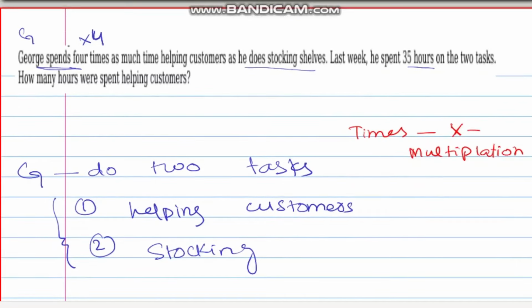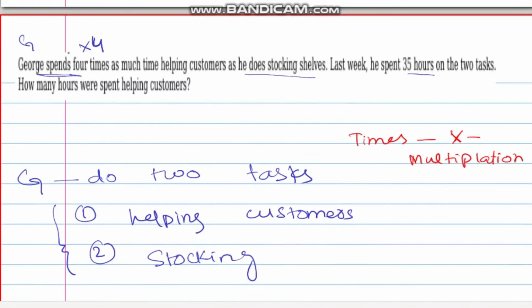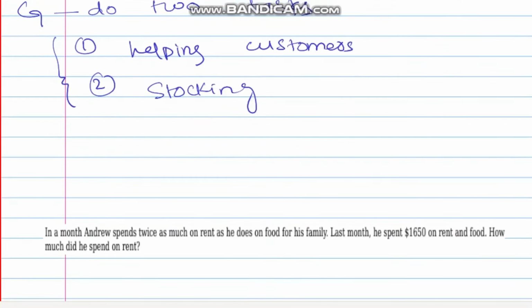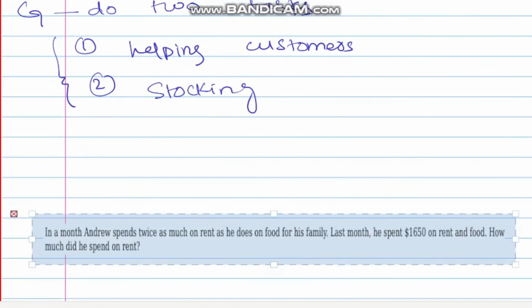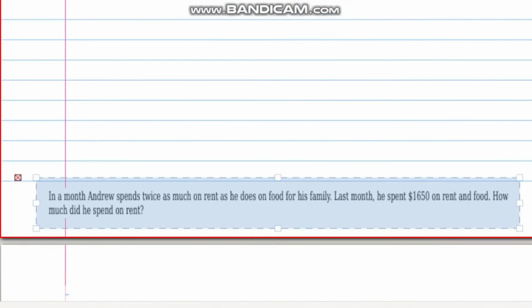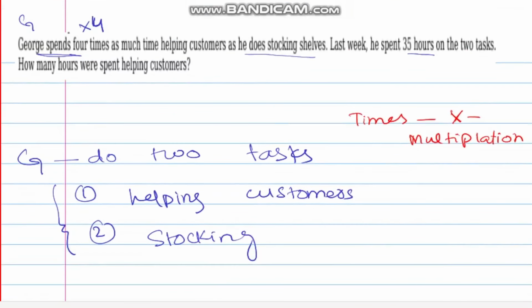Please read the question again. George spent 4 times as much time helping customers as he does stocking shelves. Dear student, the question means that if George spends x hours in stocking, then George will spend 4 times greater hours helping customers.